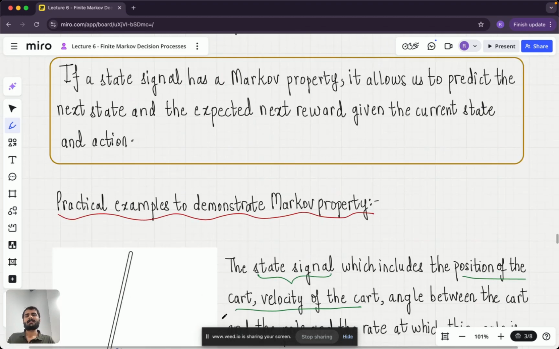So now we'll look at some practical examples to demonstrate the Markov property. If you have understood the property that we have discussed via intuition and also via the mathematical formulation, you will be able to follow these examples very nicely.